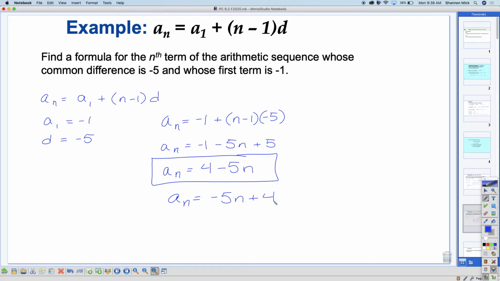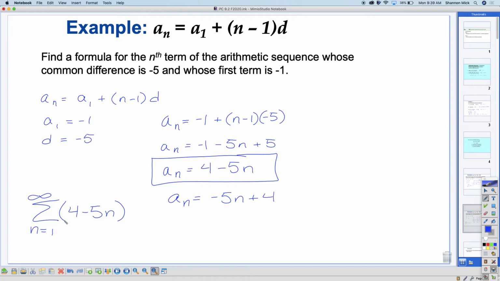Oh, the summation? Yes. And again, you don't have to do summation notation today.